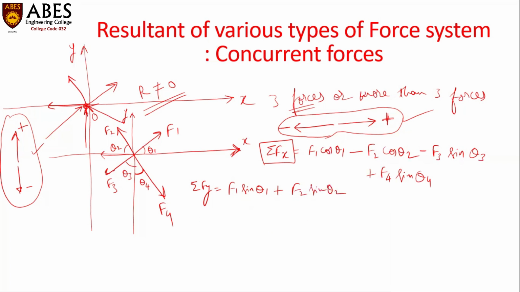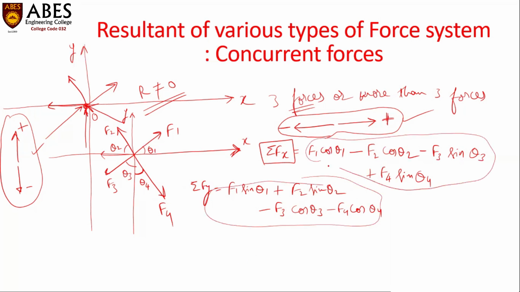Now the vertical components of F3 and F4 will be towards downside. So these two components should be negative. Minus F3 cos theta 3, because this component will be cos component, minus F4 cos theta 4. We will add up these four components.